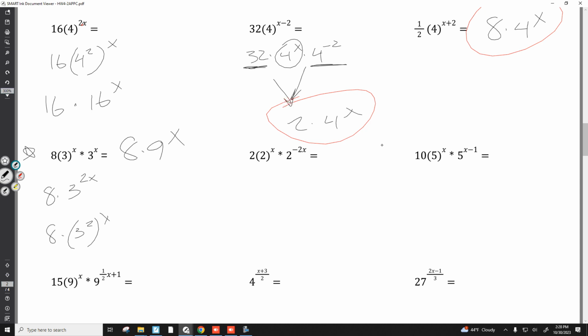Let's do this one on the right. I want to get to the bottom middle one because that's my favorite. Okay, do the one on the right: 10 times 5 to the x times 5 to the x minus 1. Write it as a times b to the x. Show me you understand the exponent rules.